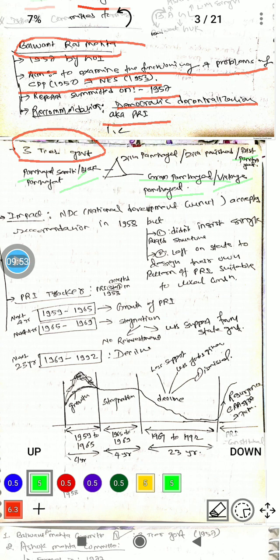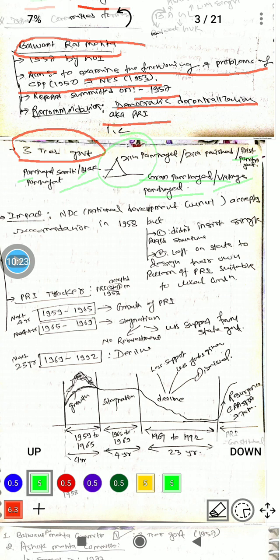The impact was that the National Development Council of India, the NDC, accepted the recommendation the next year, in 1958. But it did not insist on a single rigid structure, like there must be a gram panchayat, a panchayat samiti and a zilla panchayat.